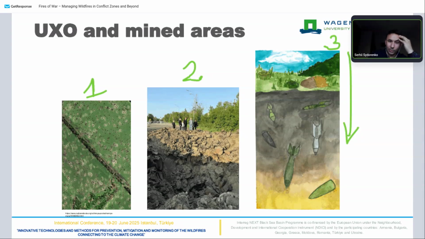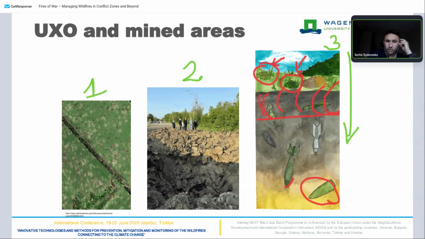In terms of mining, it will probably be easier to clear an area of landmines that lie on the surface, because heavy demining machines can go to some depth and clear this layer of soil.